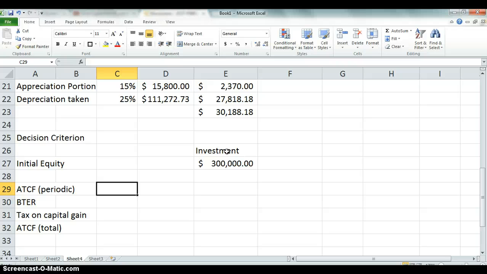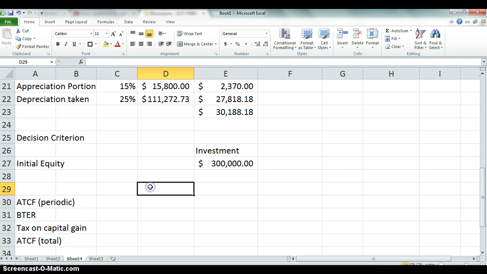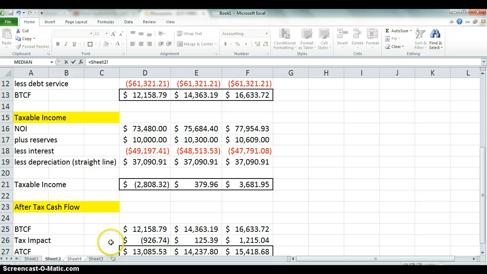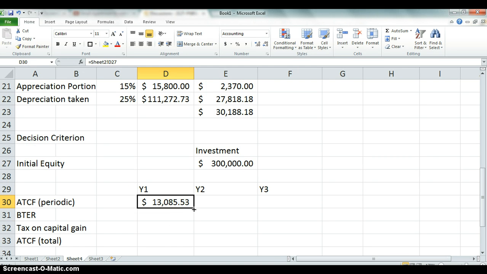From previous charts, we're going to move this information a little bit lower so we can build our chart. We'll have year 1, year 2, and also year 3. Our after-tax cash flow equals from previous calculation, and then we can just drag it down the line.